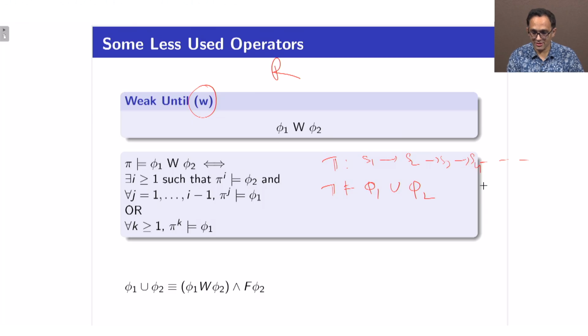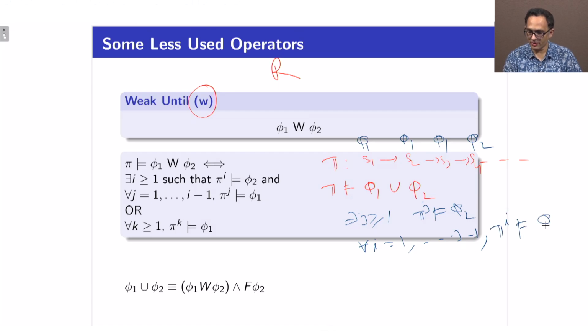Say phi 2 holds in S4; until then, phi 1 holds in all states. Formally, there exists some j greater than or equal to 1 where pi of j satisfies phi 2, and for all i from 1 to j minus 1, pi of i satisfies phi 1.